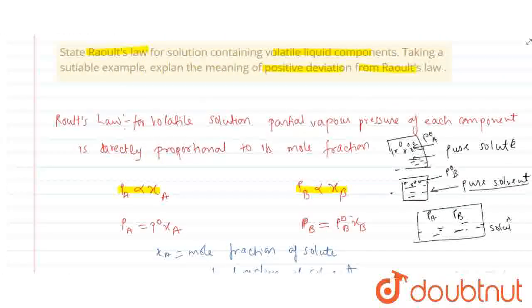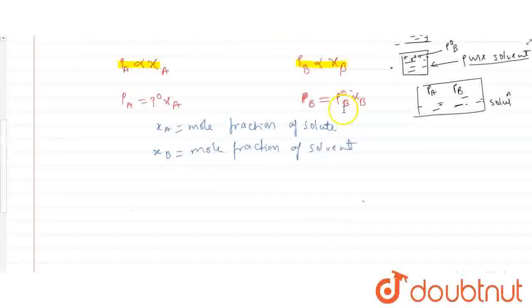Now the second part tells us that we have to write an example of a solution having positive deviation from Raoult's law. So what does positive deviation mean?